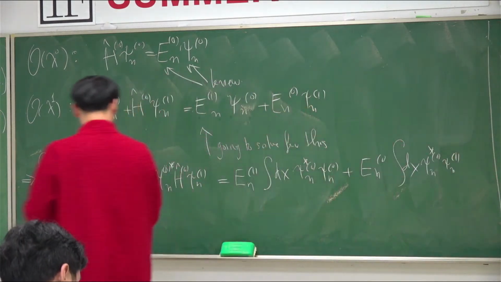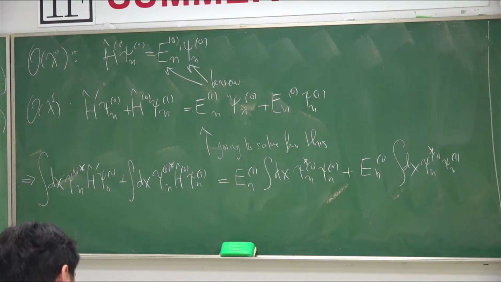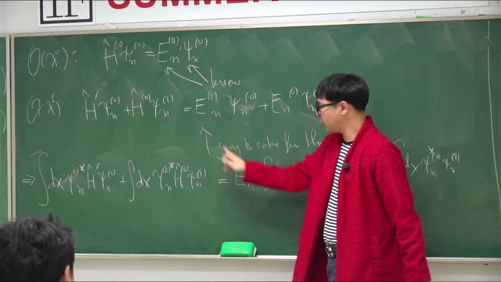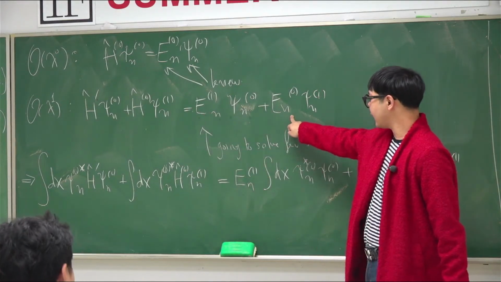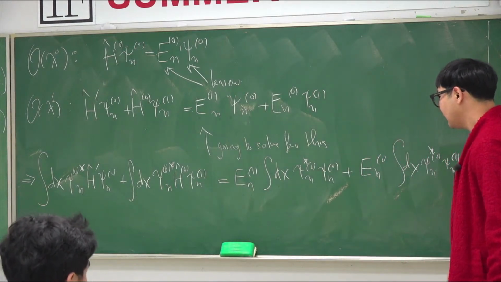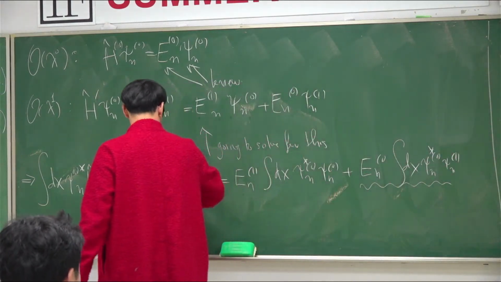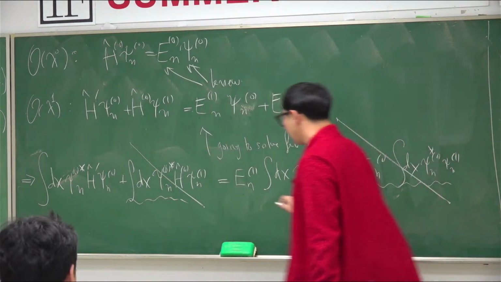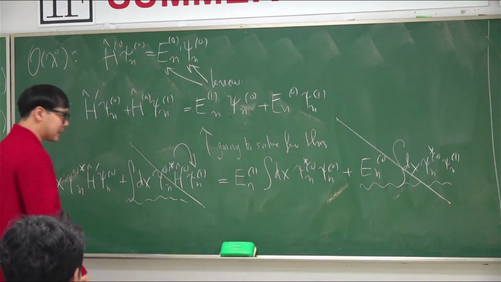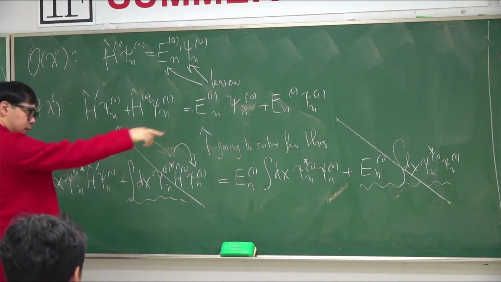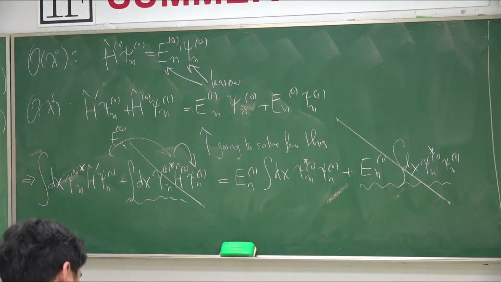So basically, since this is a constant, you can pull it out of the integration. This is the same, and if you look at this term and this term, actually they are the same, because when you apply this operator, you pull out E0, and then it kills that term.